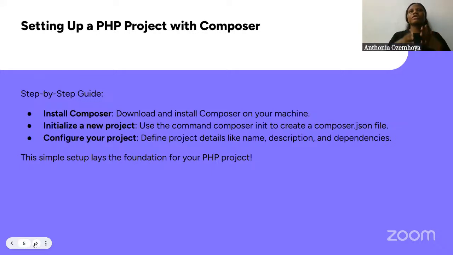Then we create a new project directory and navigate into it using the terminal or command prompt. Also, we run the command composer init to create a new composer.json file. This file will contain information about your project, including its dependencies.